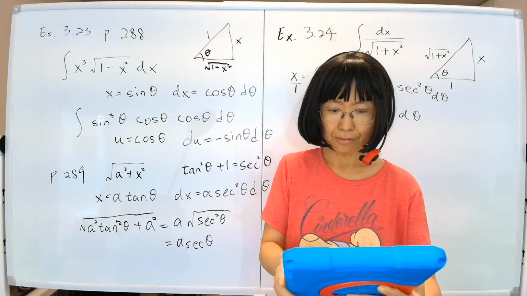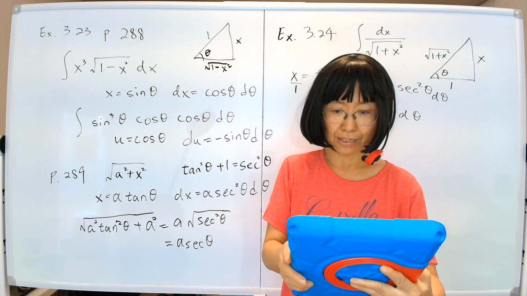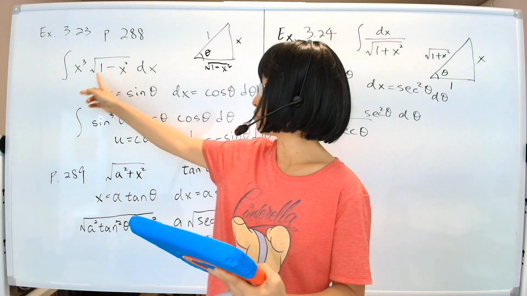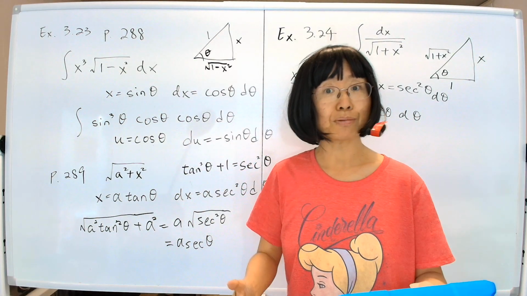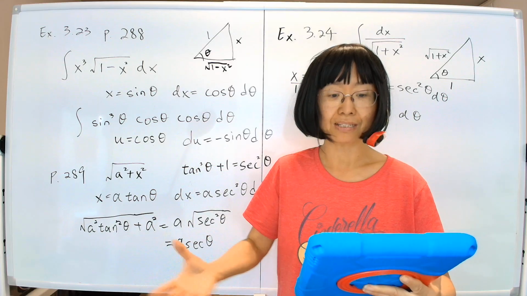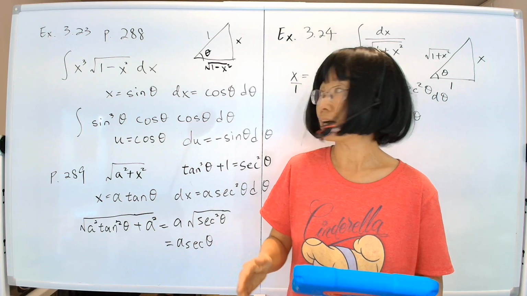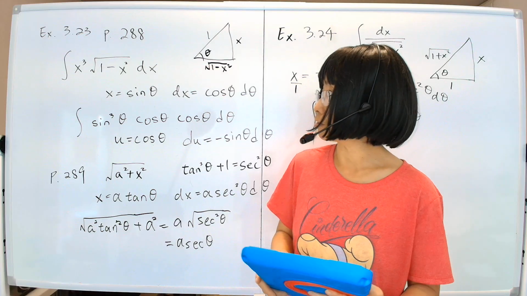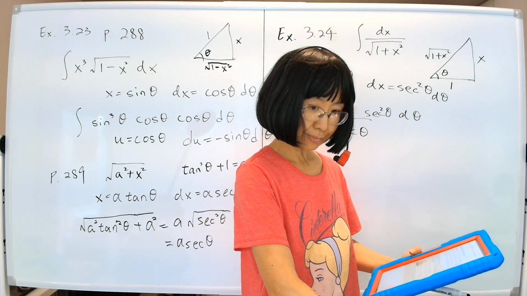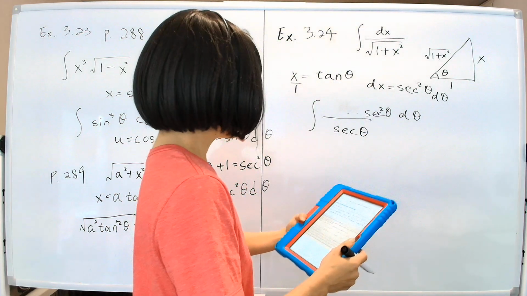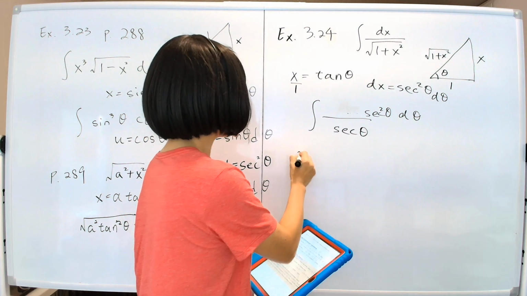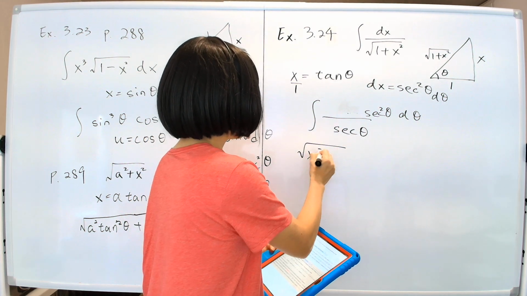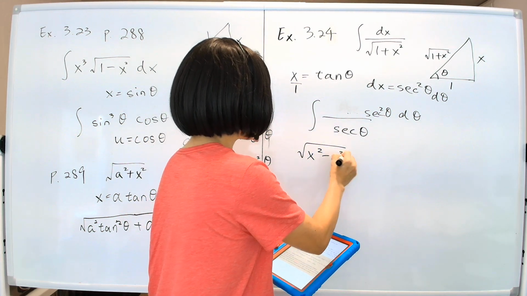But in this case, x has to be bigger. It cannot be smaller than 1. If it's smaller than 1, you're going to be taking the square root of a negative number, which is not acceptable.